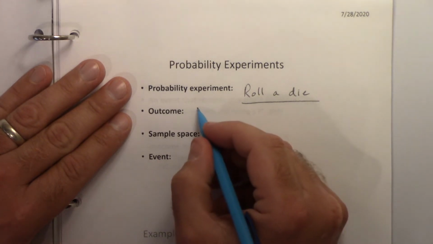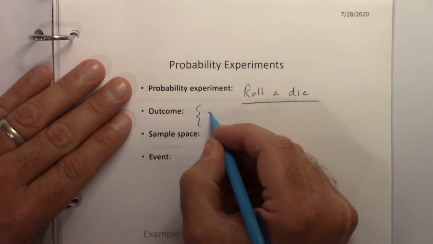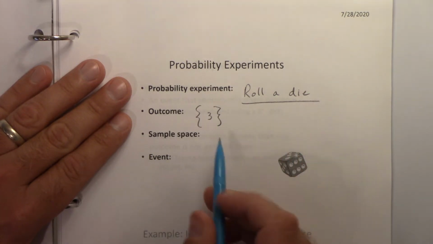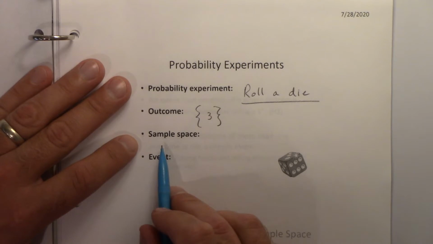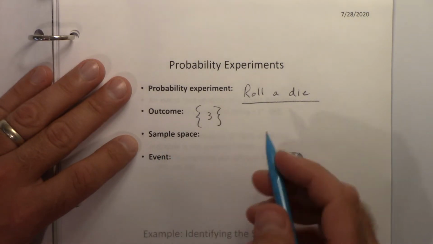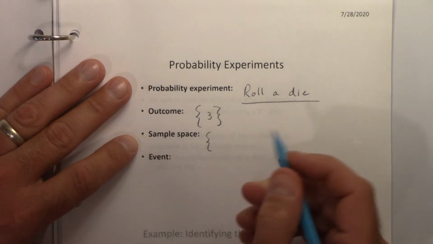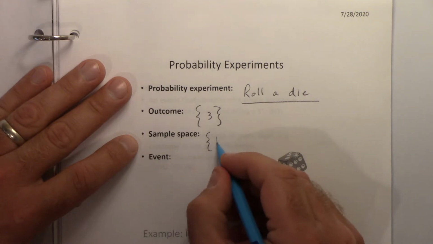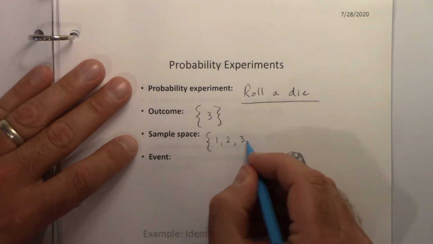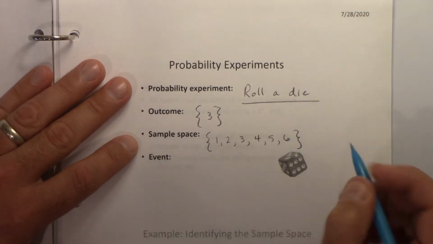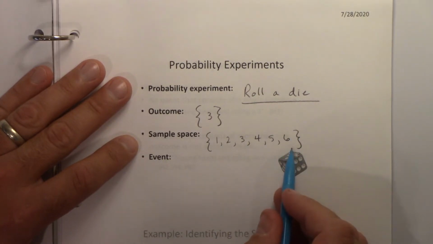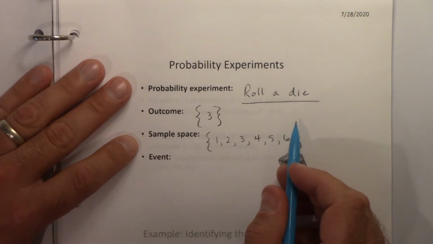So for an example, an outcome of this experiment listed as a set might be rolling a 3. The sample space is the set of all possible outcomes. In this case, all possible outcomes are 1, 2, 3, 4, 5, or 6. Those are all the possible outcomes when we're rolling a die.